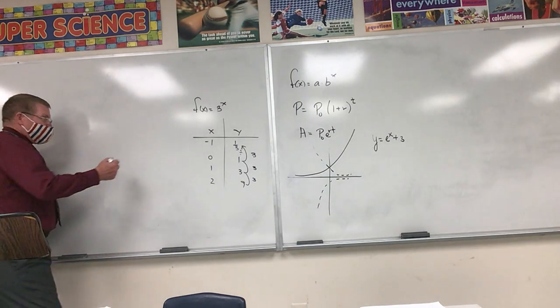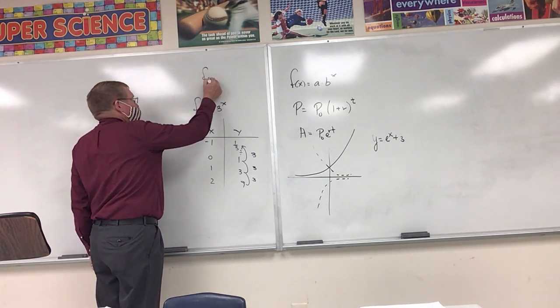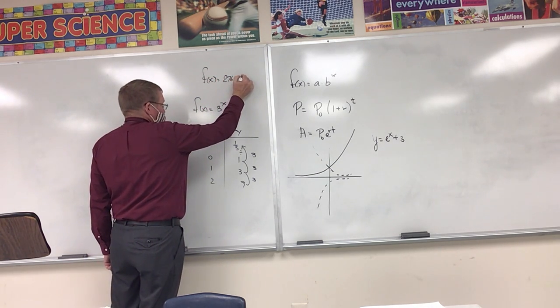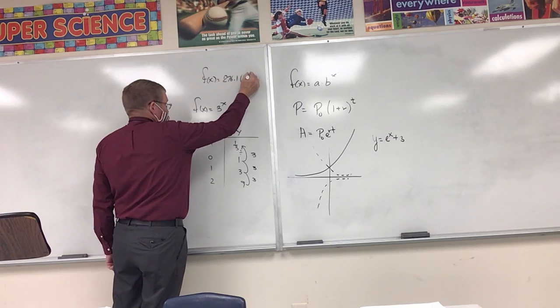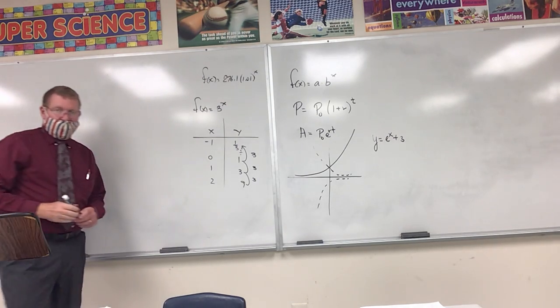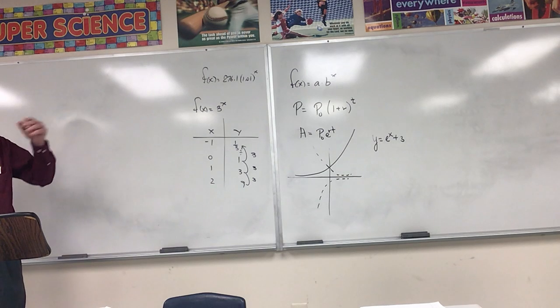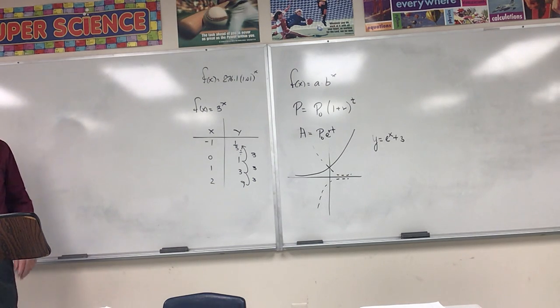So this exponential would be f of x equals 276.1 times 1.01 to the x. And that's how I'm going to find my exponential with these graphs. Not going to use a regression on our calculator. Our regression on our calculator will get something close to that, but here we're just estimating off the table.